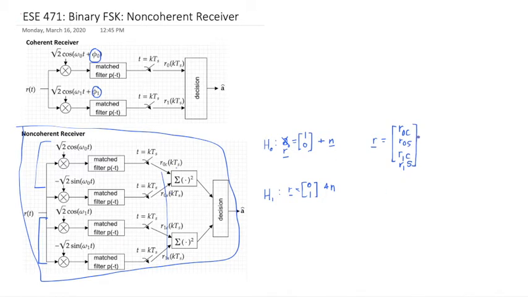The distributions of these components are all Gaussian. The R0C and the R0S are going to be Gaussian under H naught, but with a magnitude of 1.